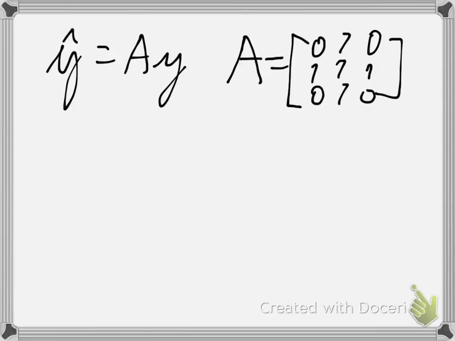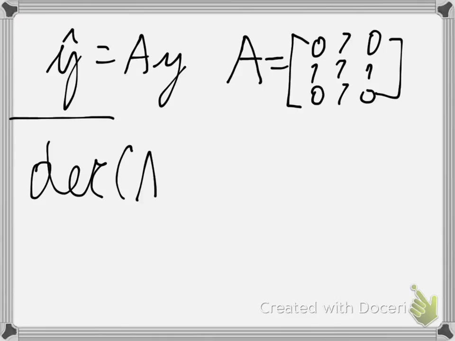First, we'll find the eigenvalues and the eigenvectors of A. So we will solve the determinant of A minus lambda I equals 0.